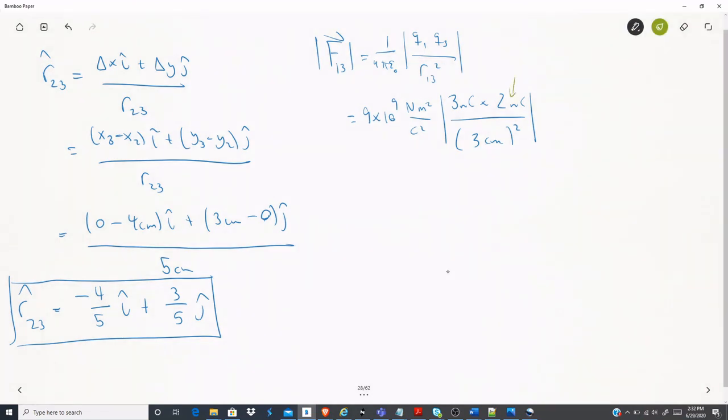Okay, so let's look at this. We have the nanos. Nano is 10 to the negative 9, right? And centi is 10 to the negative 2. So I need to remember those orders of magnitude when I'm working this out.